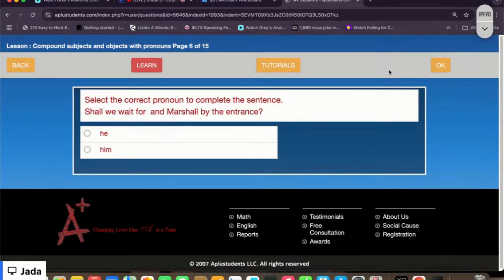Which is the right word here? All right, so him is correct.